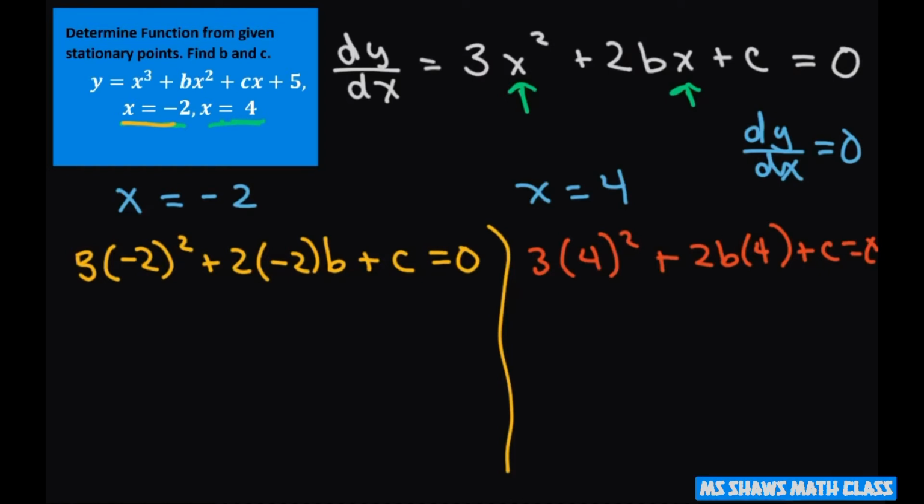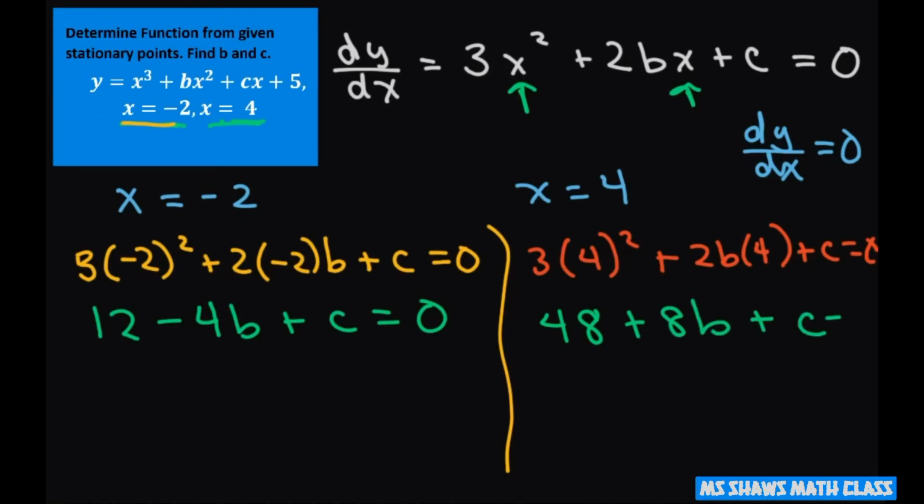Now cleaning this up a bit, this is going to be 12 minus 4b plus c equals 0. And this one's going to be 48 plus 8b plus c equals 0.